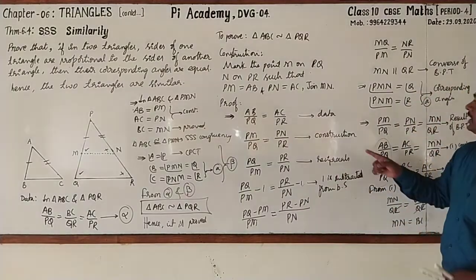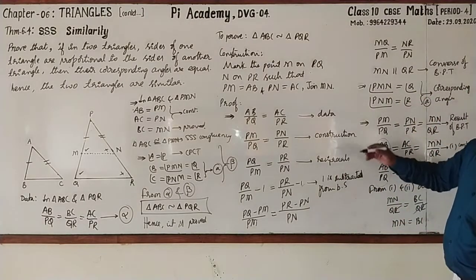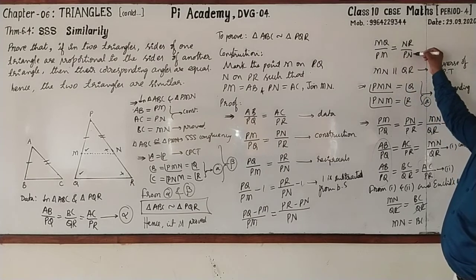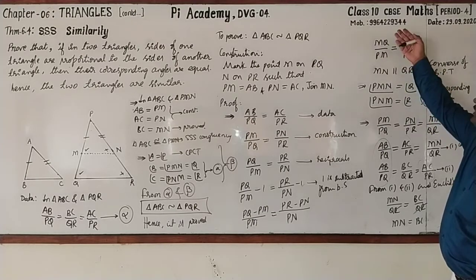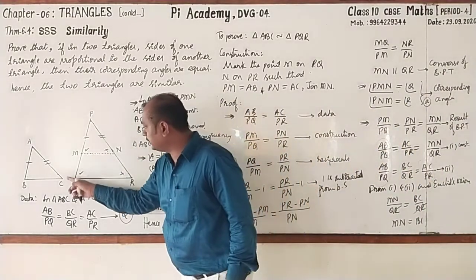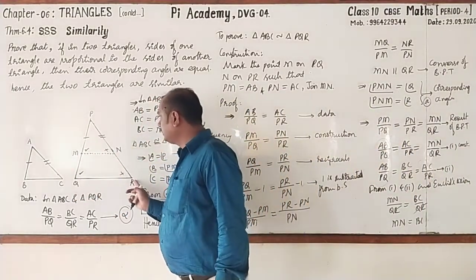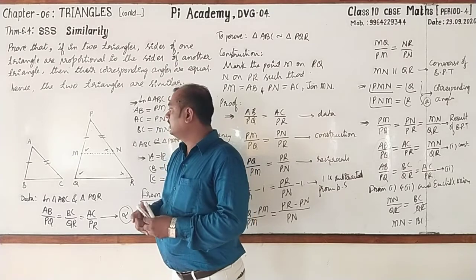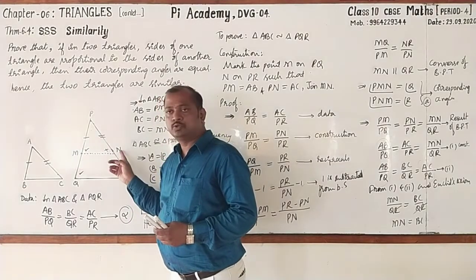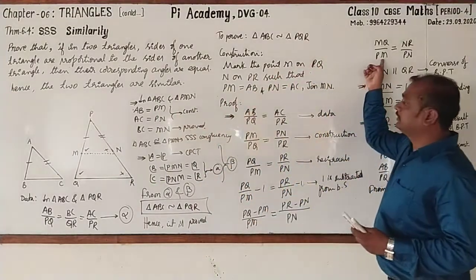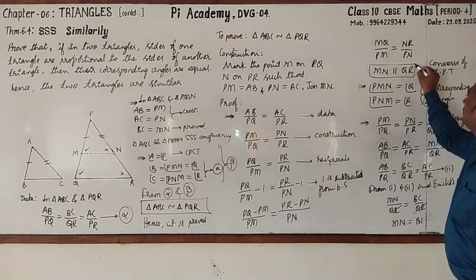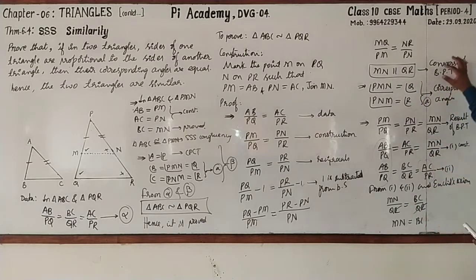Then after subtracting, we have got MQ by PM is equal to NR by PN. This can also be written as PM by MQ equal to PN by NR. See that? PM by MQ equal to PN by NR. We all know that the line drawn in a triangle, if it divides two sides proportionately, then it is parallel to the third side. Therefore, MN parallel to QR.